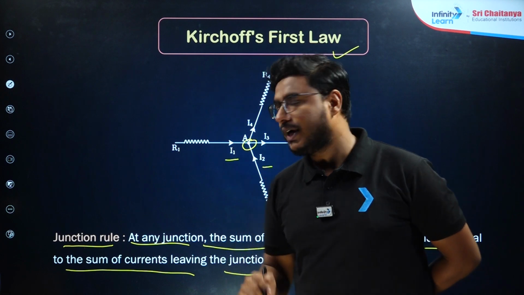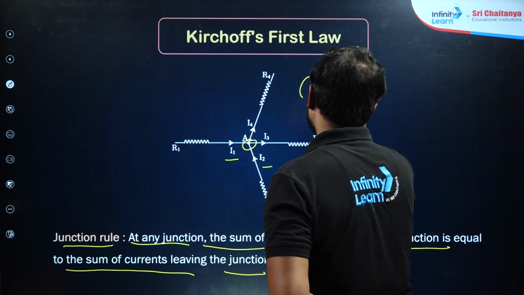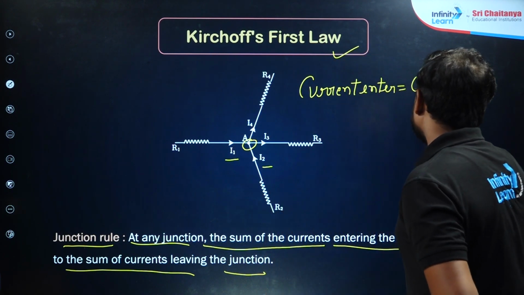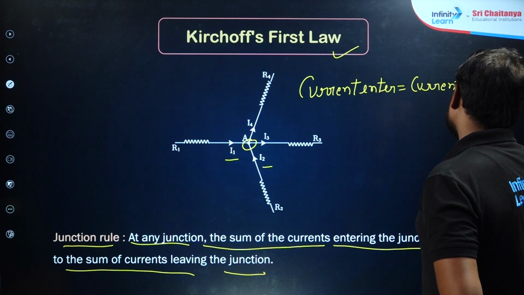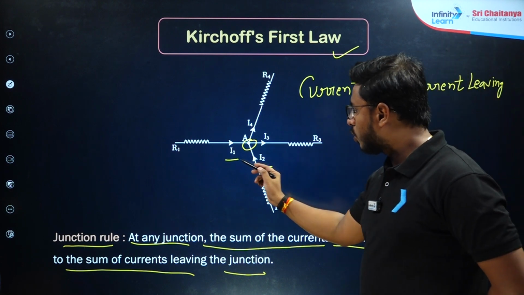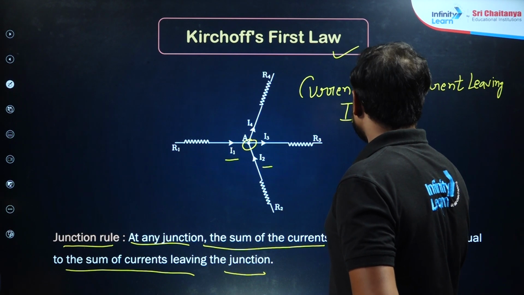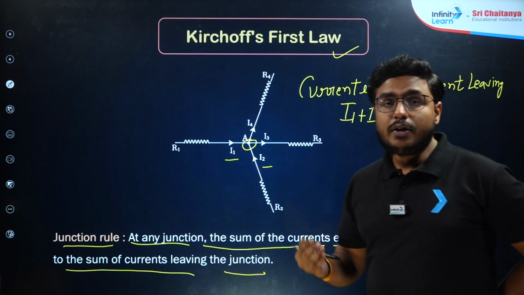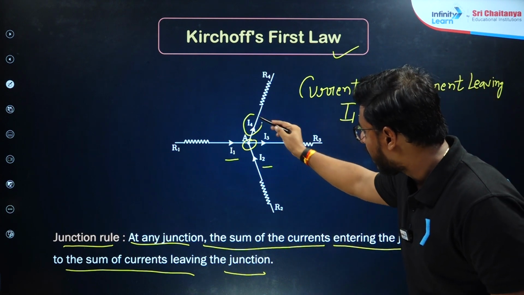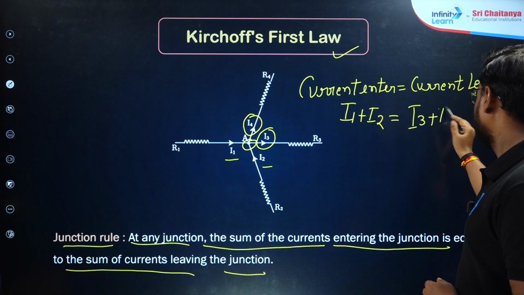As we said, the current entering a junction must be equal to the current leaving it. So I1 plus I2 must be equal to the current leaving, which is I3 plus I4.